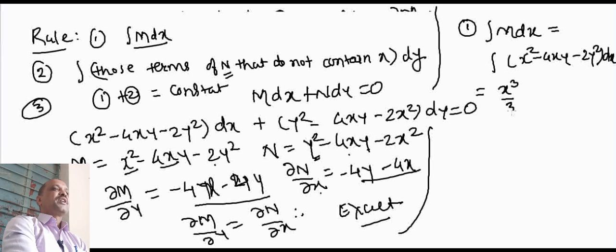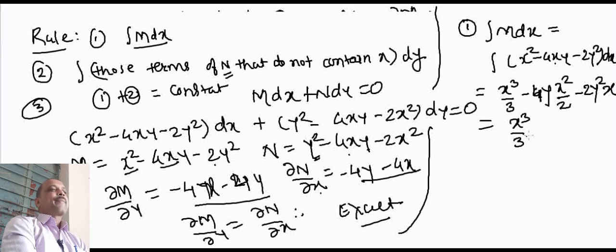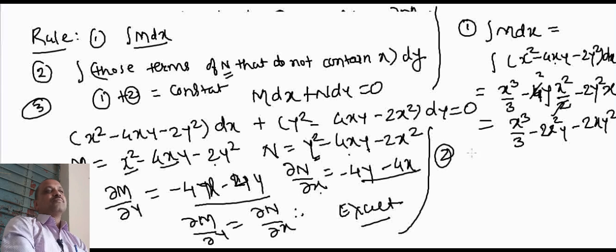This is x cube divided by 3 minus 4 into y constant, integration of x is x square divided by 2, minus 2 and y square constant, integrated with respect to x. So we get x cube divided by 3 minus, 4 and 2 cancel, 2x square y minus 2xy square. This is the integration of M.